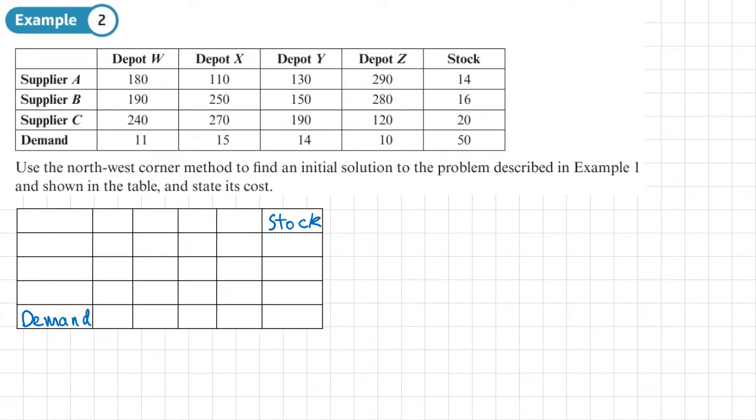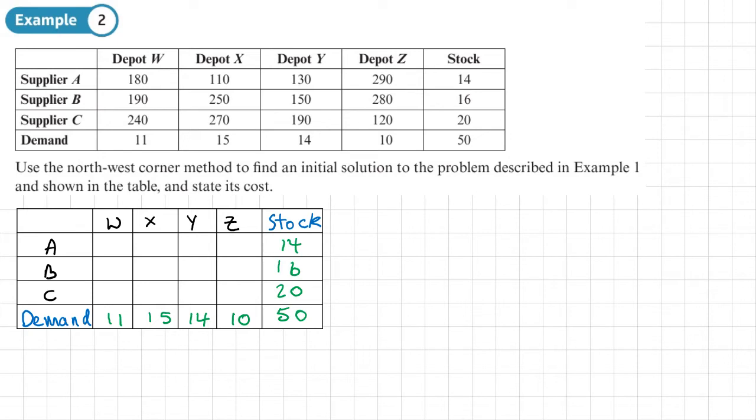So my stock is going to be values of 14, 16, 20 and a total of 50, and my demand is going to be 11, 15, 14 and 10. I also need to add W, X, Y and Z to represent my depots, and suppliers A, B and C to represent my suppliers.